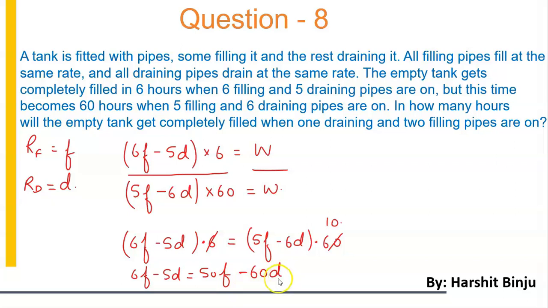So I'll take negative 60D on the LHS and negative 5, positive 6F on the RHS. So negative 60, this positive 5, so this is 50... 5D. This is equal to 44F. So 5D is 4F, or D is equal to 0.8F.